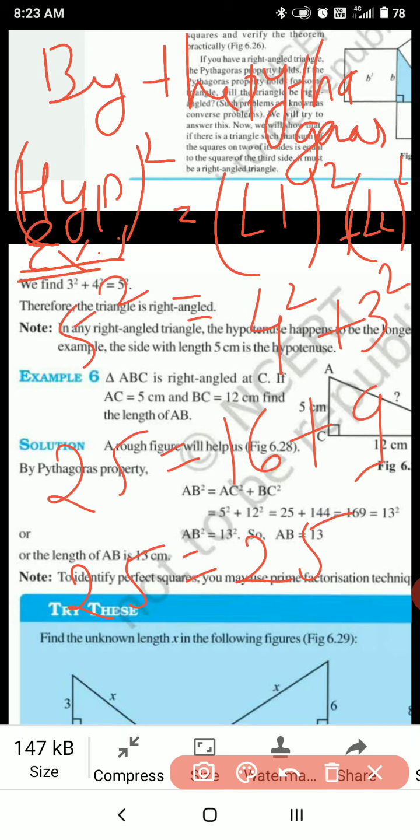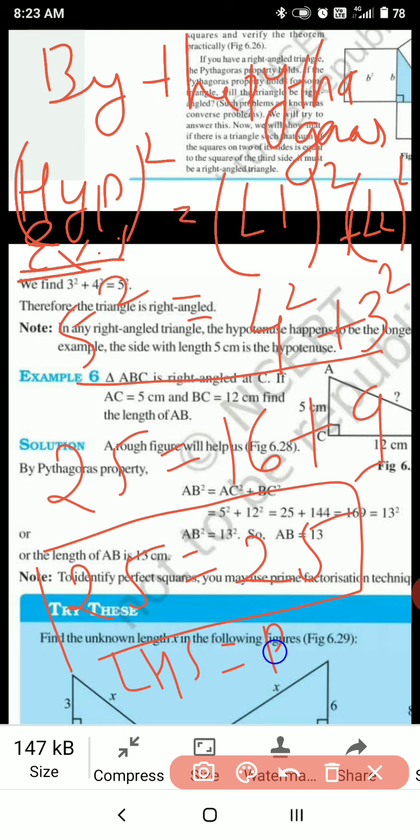So after solving, using these three sides, you are getting both sides equal. LHS is equal to RHS.